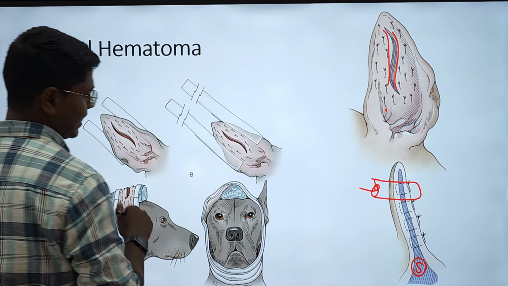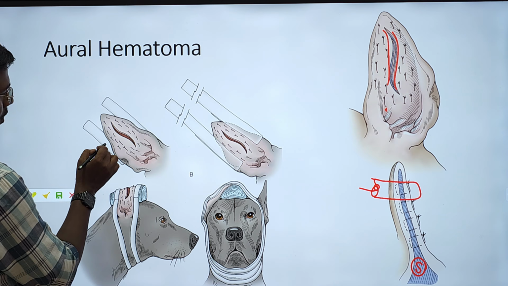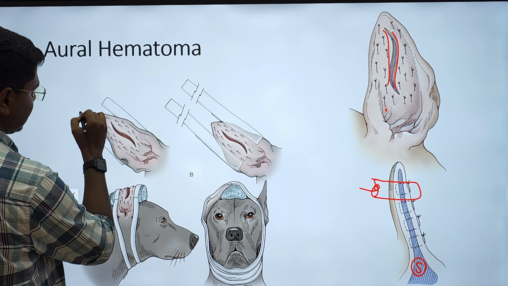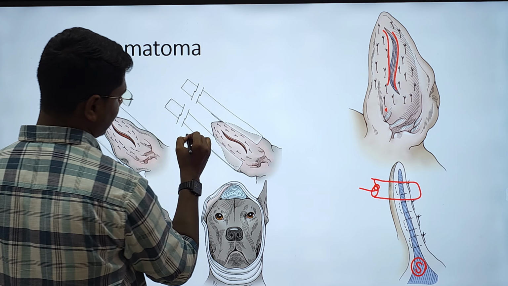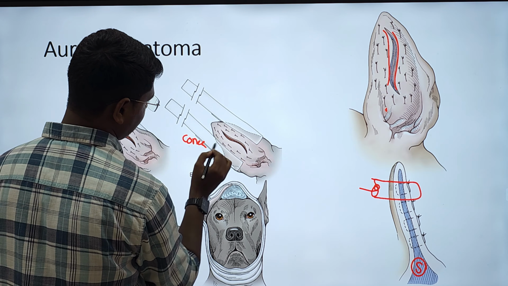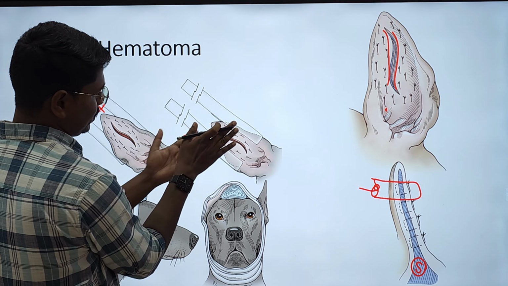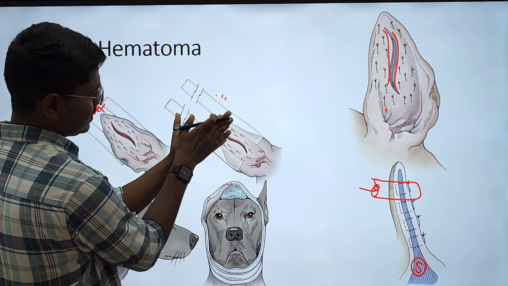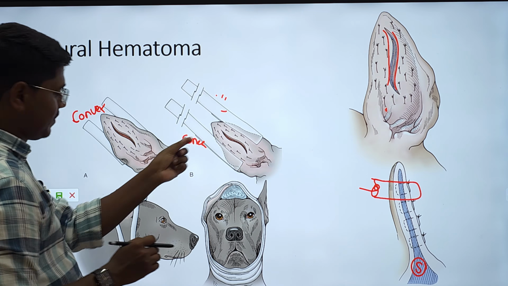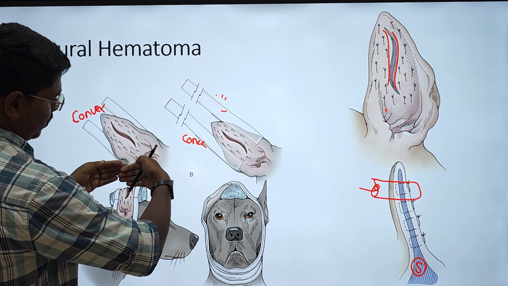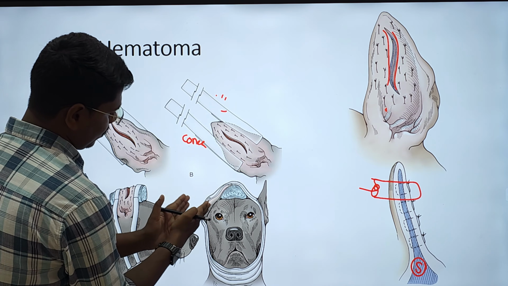Now the bandaging technique is also important. You have to apply a tape to the convex side, and now you will apply one to the concave side. Both tapes are adhesive. You will join both these tapes and then put them over the head like this.